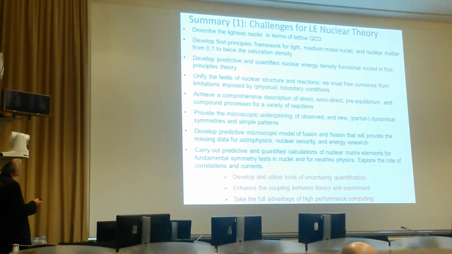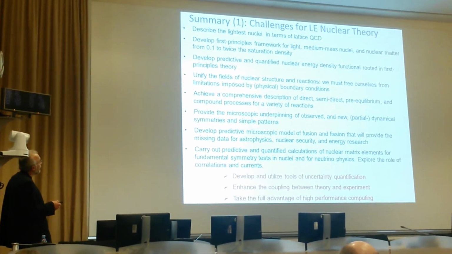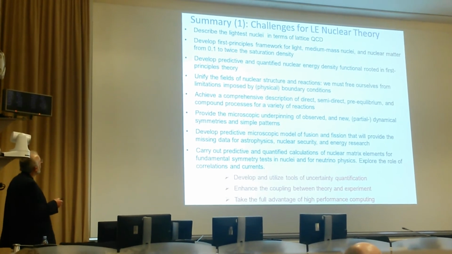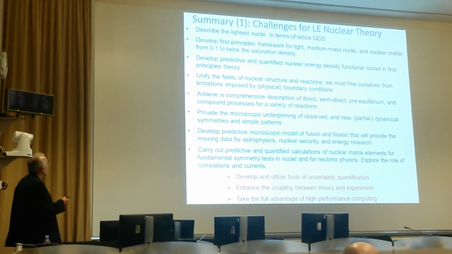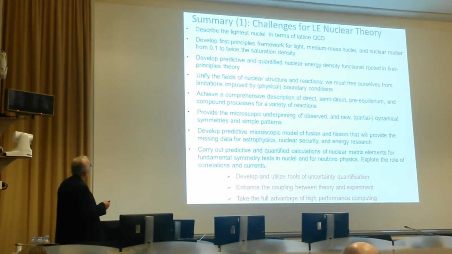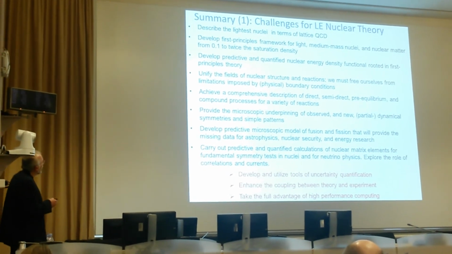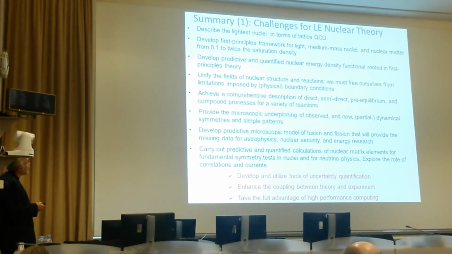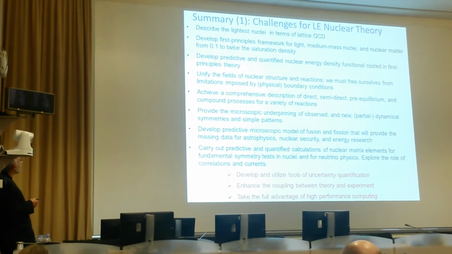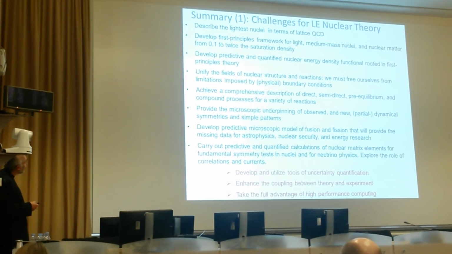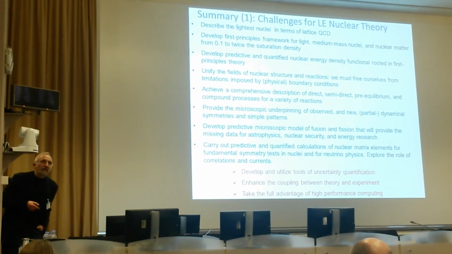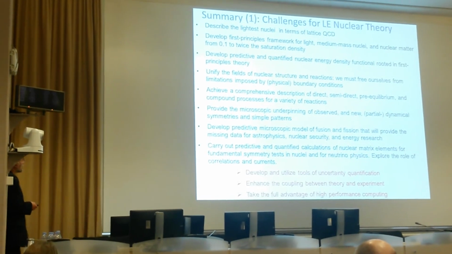We'll develop a first principles framework for light and medium mass nuclei and nuclear matter from 0.1 of saturation to twice the saturation density. We'll develop a predictive and quantified nuclear energy density functional theory rooted in first principles. We will unify the fields of nuclear structure and reactions.